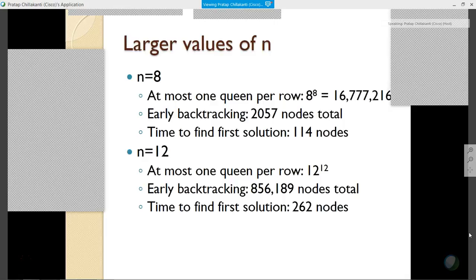You can see if n equals 8, 8 raised to 8 is 16 million solutions. Sorry, I don't know how to say it in crores. What is it? I don't know. Units, 167 lakhs. I can tell you that, 167 lakhs. So whatever it is in crores.